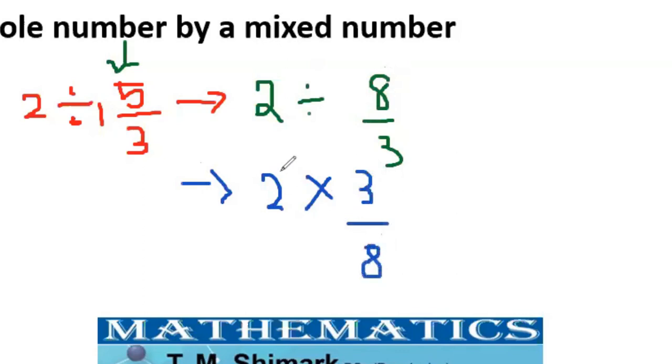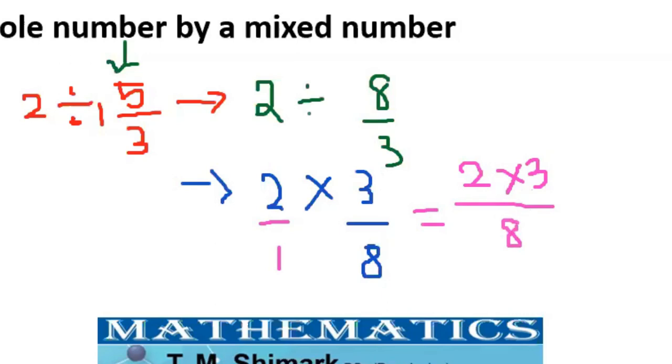To solve this, the actual solving is multiplication of numerators with numerators and denominators with denominators. 2 means 2 by 1, we reminded, correct? 2 by 1, that means 2 and 3 only are multiplied, not 2 and 8, not 1 and 3. Multiplication is numerator with numerator, denominator with denominator. So I can write 2 multiplied by 3, and in the denominator 1 into 8 is 8, right?